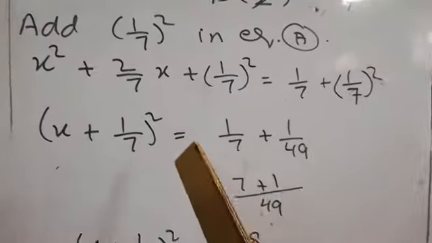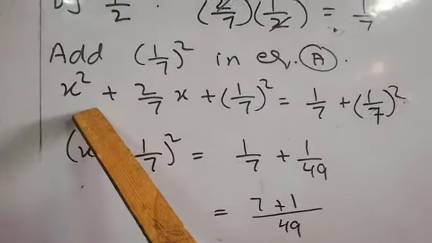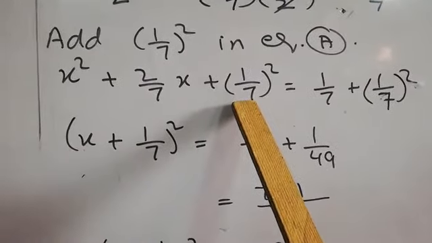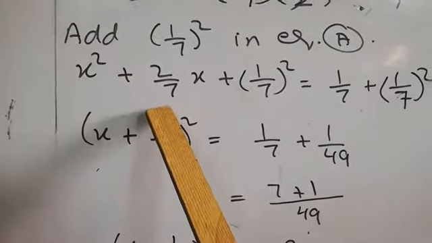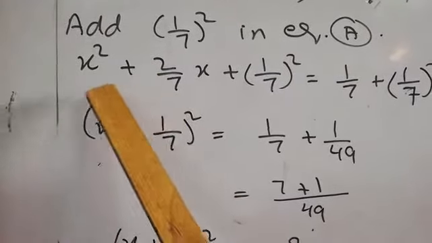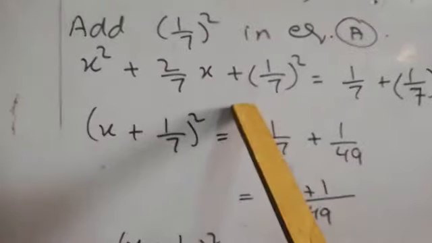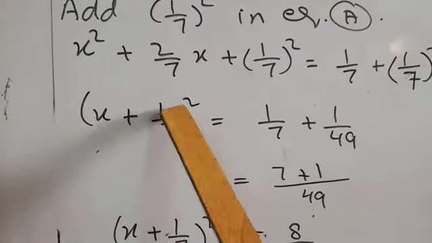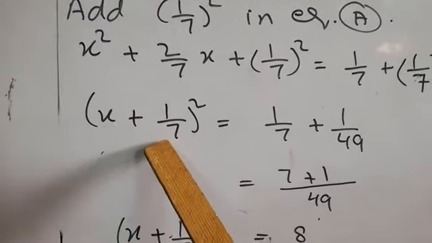My dear students, now you can observe that this is the formula: a square plus b square plus 2ab. Okay, 2ab. And when we combine, this will become a plus b whole square.